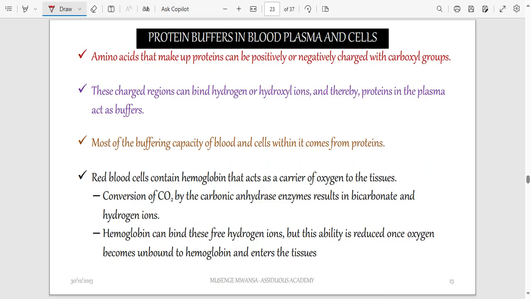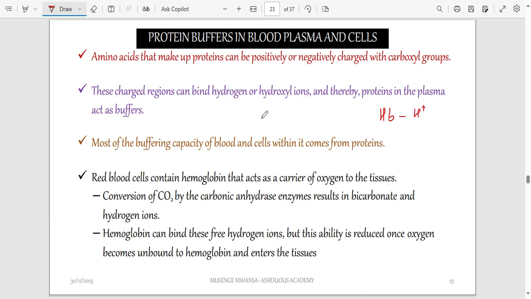And then proteins are also buffers, but these ones are specifically found in plasma. Plasma is the liquid part of blood. Okay. And most buffering capacity of blood will actually come from proteins. And what happens is that red blood cells contain what we call hemoglobin. Hemoglobin can carry hydrogen, they can bind to hydrogen.